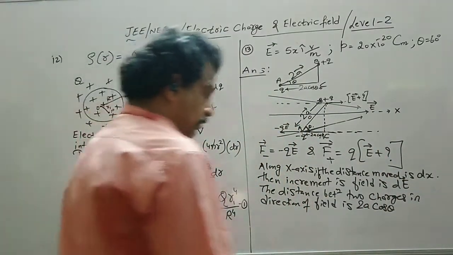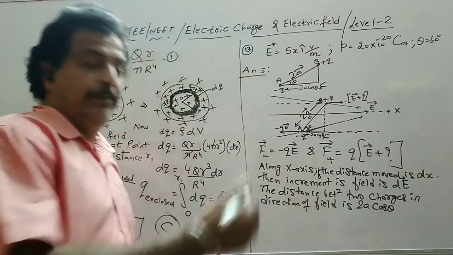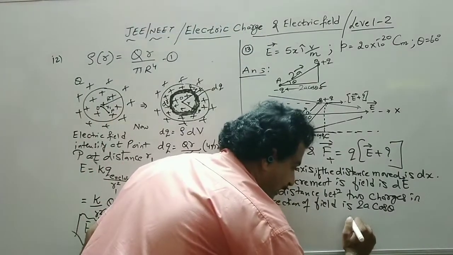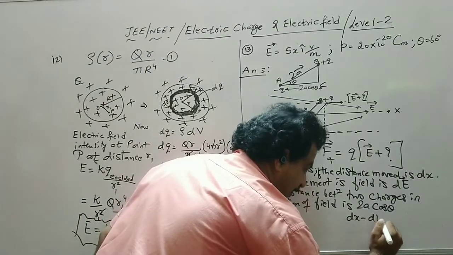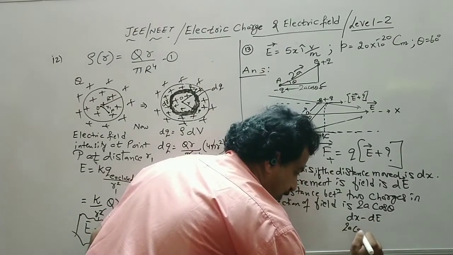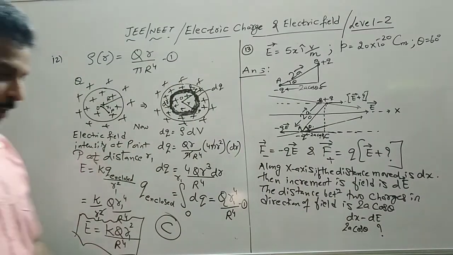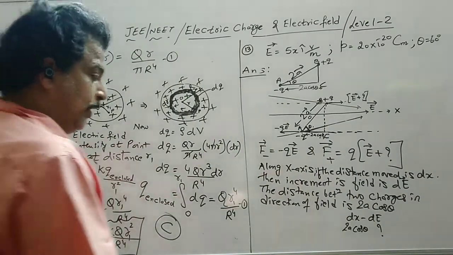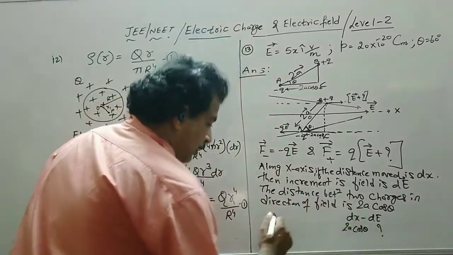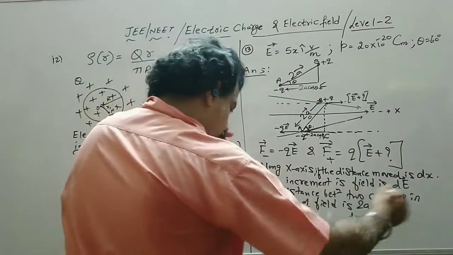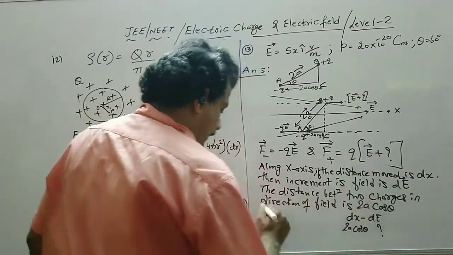So what will be the increment in the field? For dx distance, the increment is dE. For 2a cos theta distance along the x-axis, what is the increment? That is a ratio and proportion only. So that question mark value comes out to be, the distance between two charges in the direction of the field is 2a.